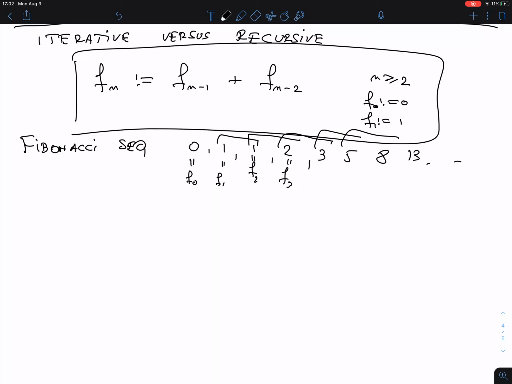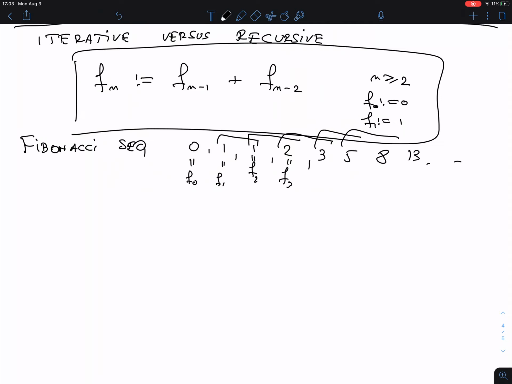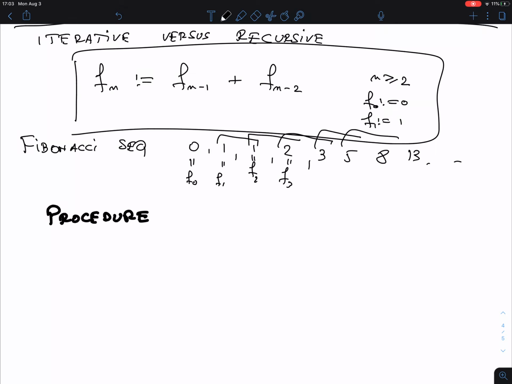Okay, so let me give you now the iterative versus the recursive. I haven't told you what the iterative is, so let's first give you a recursive definition, a recursive algorithm. So procedure, let's call it fib of n.